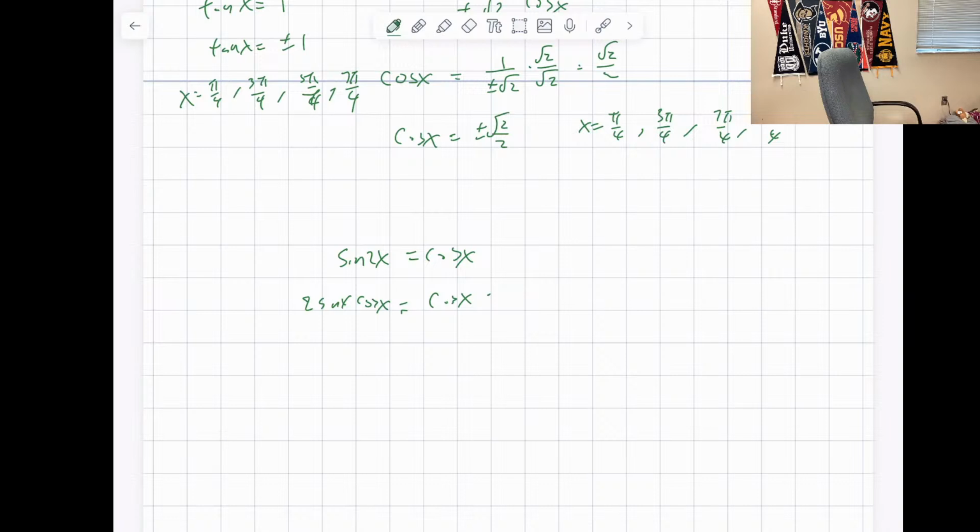But in trig, you get the equation 2 sine of x cosine of x equal to cosine of x. If you divide by cosine of x, you get at least 1 answer, because now you have 2 sine of x equal to 1, and sine of x equals 1 half, x is equal to pi over 6 and 5 pi over 6. But if you do 2 sine of x cosine of x minus cosine of x equal to 0, we factor out cosine of x.